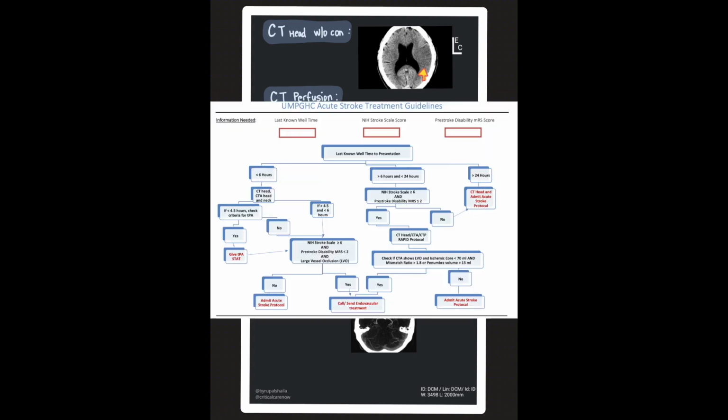As an example, I've put up a sample protocol that demonstrates that our patient, who again had onset of symptoms 8 hours ago, NIH stroke scale of 19, pre-stroke modified Rankin score of 0, CTA evidence of large vessel occlusion, and now CT perfusion evidence of mismatch ratio greater than 1.8 and penumbra volume of greater than 15, is a candidate for endovascular therapy.